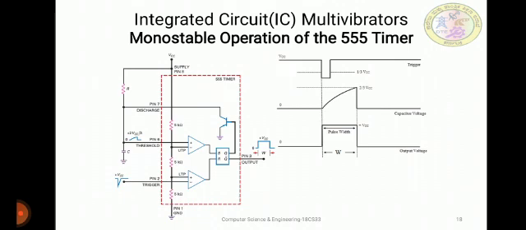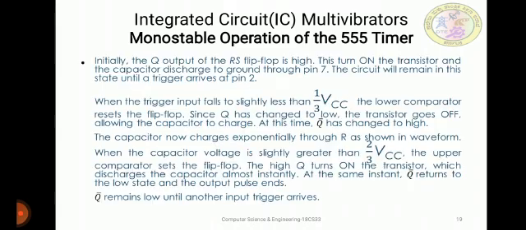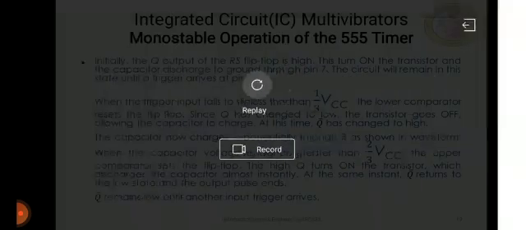The amount of time that the output voltage remains high, or at a logic 1 level, is given by the time constant equation. So basically, the time required for the capacitor to charge and discharge is given by the equation.